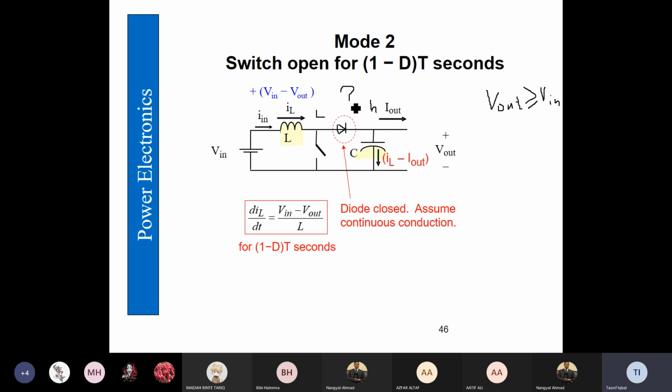Then why, even in this condition, is the diode forward biased? Why?